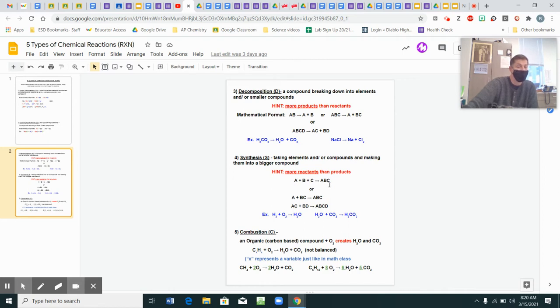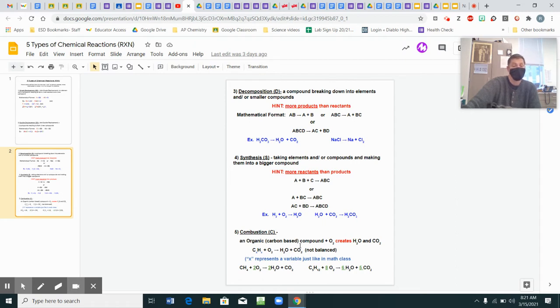It's the exact opposite of a decomposition reaction. Okay, so if you look at the two, they are completely reversed in this whole process. The hint is exactly opposite because the process is exactly opposite. So here's the hint, just count. And that will be your giveaway.